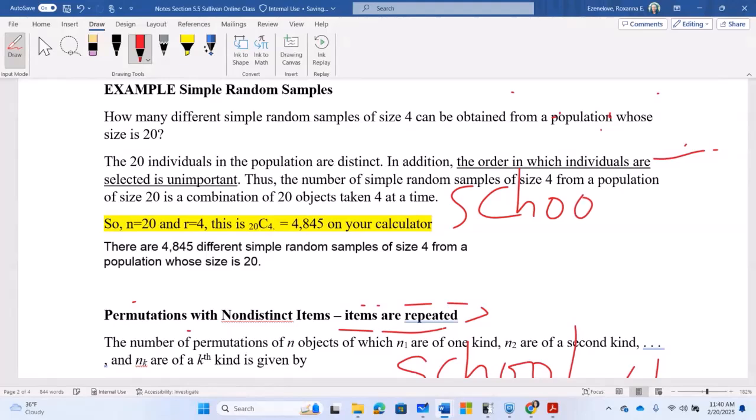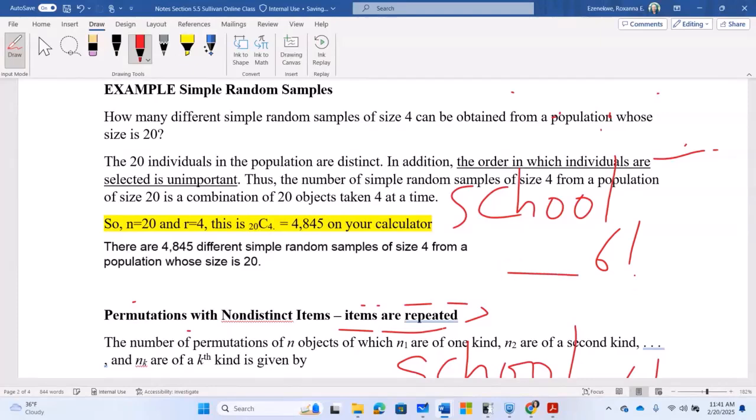If I'm told to write school in so many different ways, in how many ways can I write school? First of all, I will count how many letters are in school: 1, 2, 3, 4, 5, 6. This is why it's called non-distinct objects. There is a repetition there, so see how we deal with the repetition.